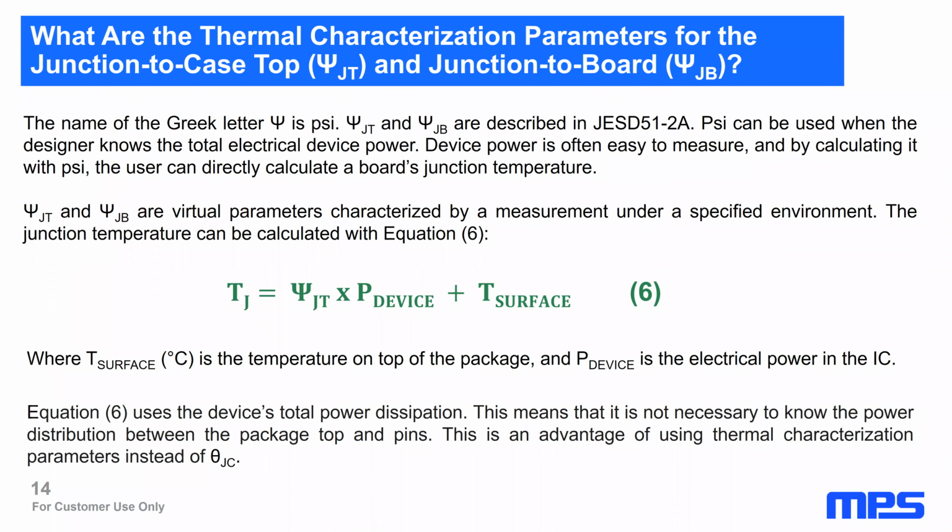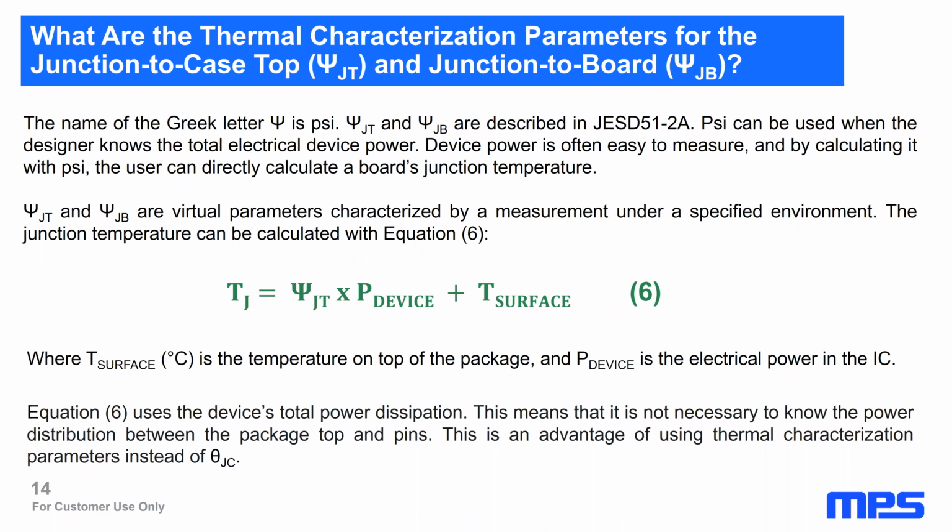What are the thermal characterization parameters Psi junction to case top and Psi junction to board? Psi is described in JESD51-2A. Psi can be used when the designer knows the total electrical device power.